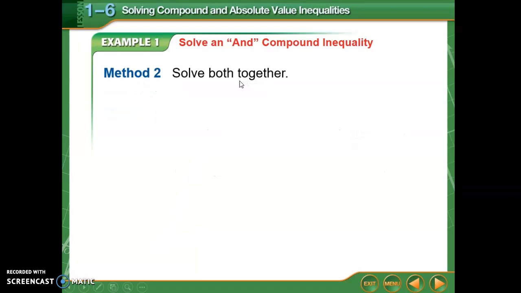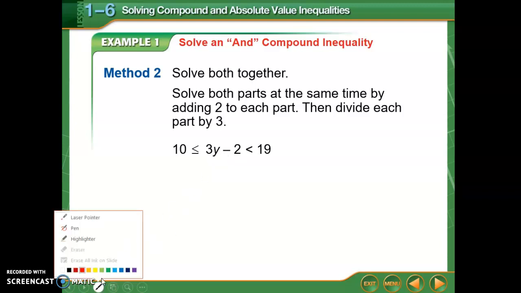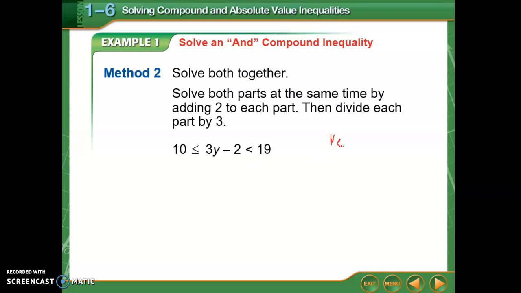For the second method, you can solve them together, both of them. So 10 less than or equal to 3y minus 2 less than 19. Your goal here is to isolate y by itself. So you need to get rid of the numbers in the middle part. Follow reverse PEMDAS. We're going to do reverse PEMDAS.